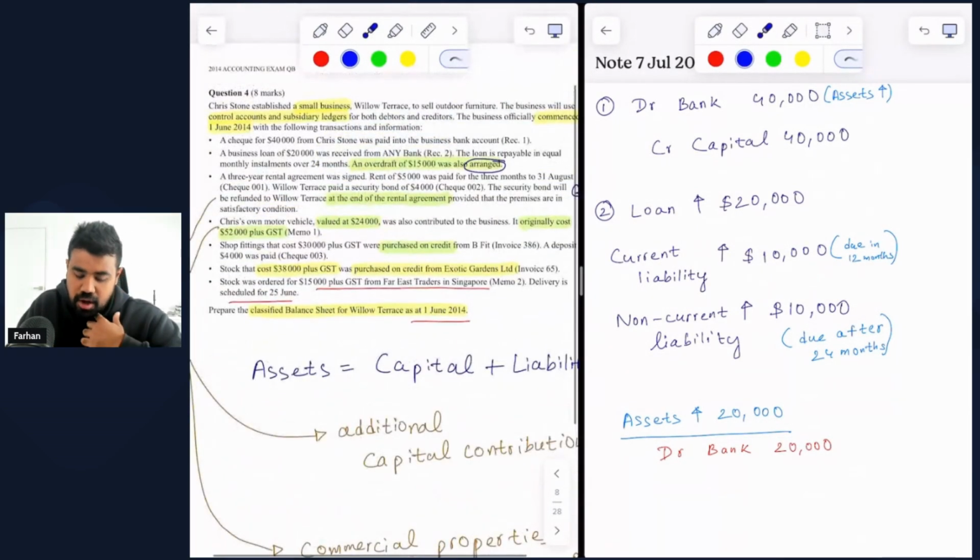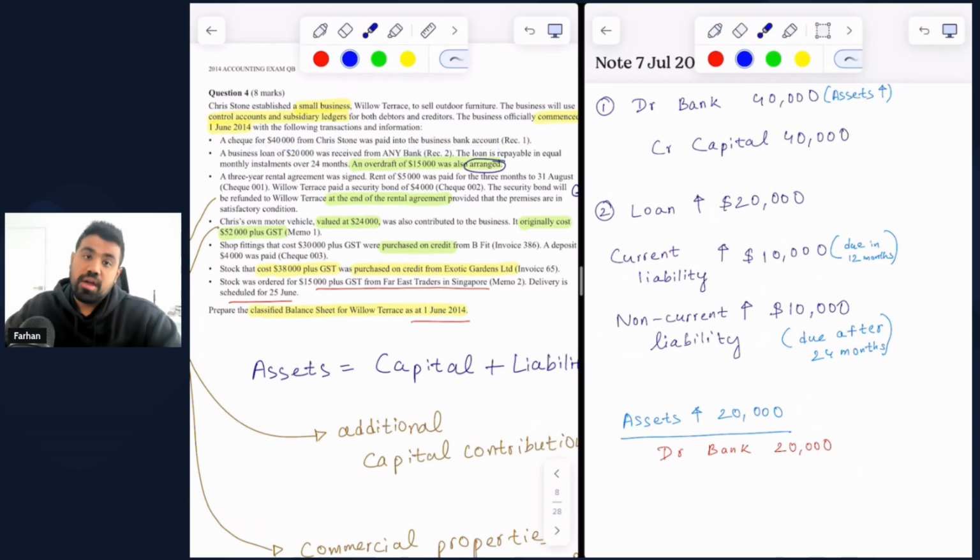So what does the first transaction say? A check for $40,000 from Chris Stone was paid into the business bank account. Right. So this is the initial capital that Chris is using to start the business.